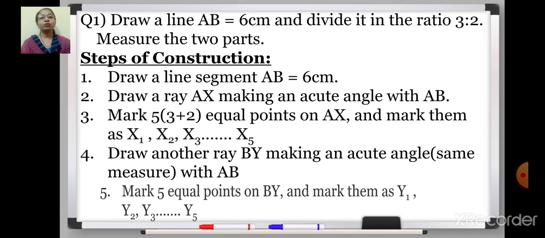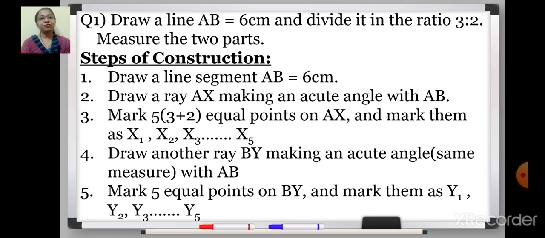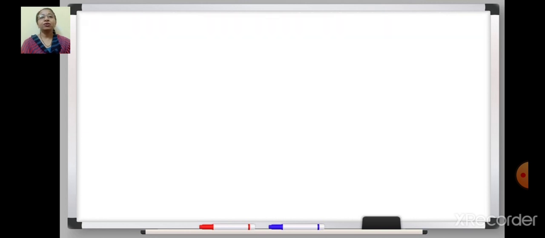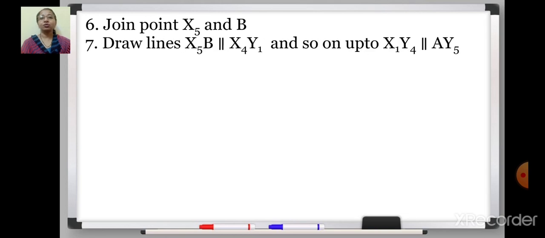And there also you mark 5 points at equal distance and name them as y1, y2, y3, y4 and y5. Then how to join those parallel lines? Join point x5 with B and then go on drawing the parallel lines. So we'll see how to draw this construction in the form of a video.